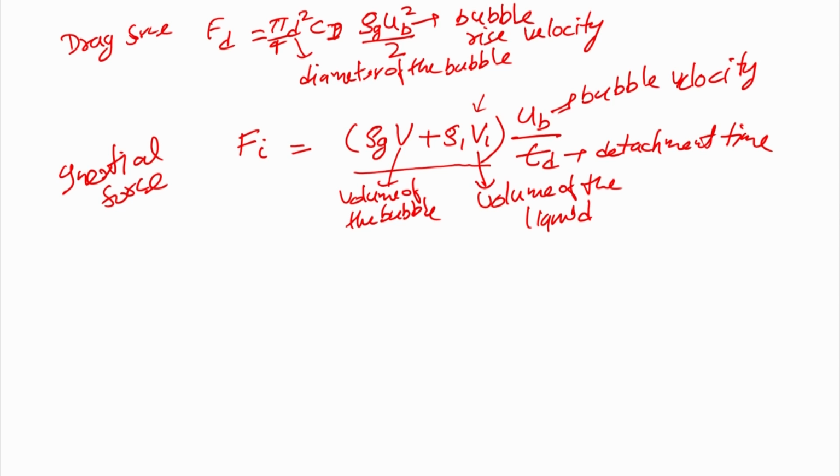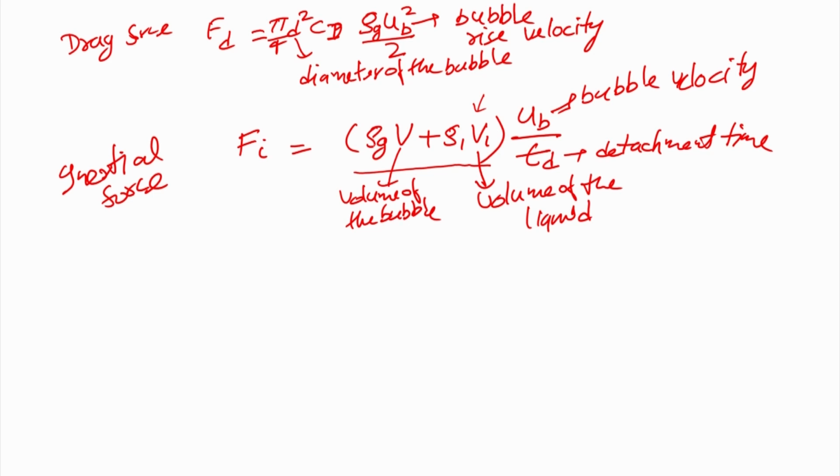Once the bubble moves, there will be a certain mass of the bubble which will be moving, okay, and with that mass, this is the rho G, which is the density of the bubble, multiplied by the volume of the bubble, it means a certain mass of the gas which is moving. Now, once a certain mass of the gas is moved, it will take a certain liquid along with it, and that is called virtual mass force or added force, which we have already discussed, which is very high in the bubble column.